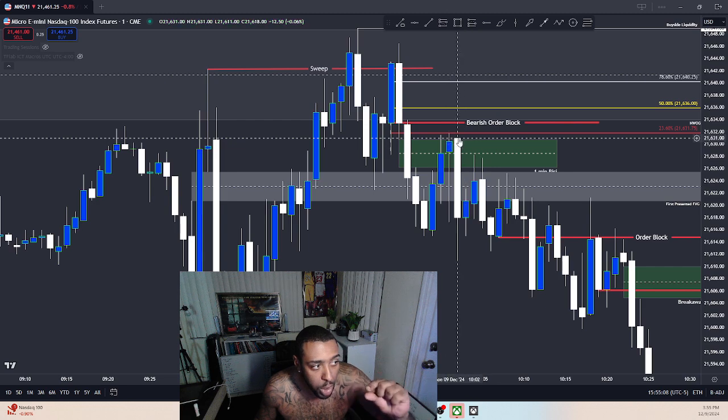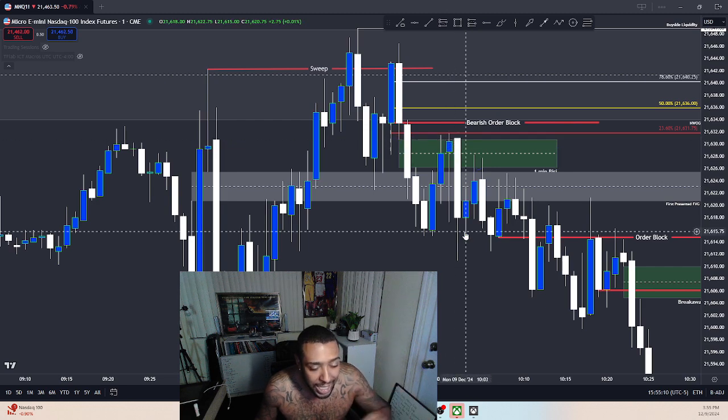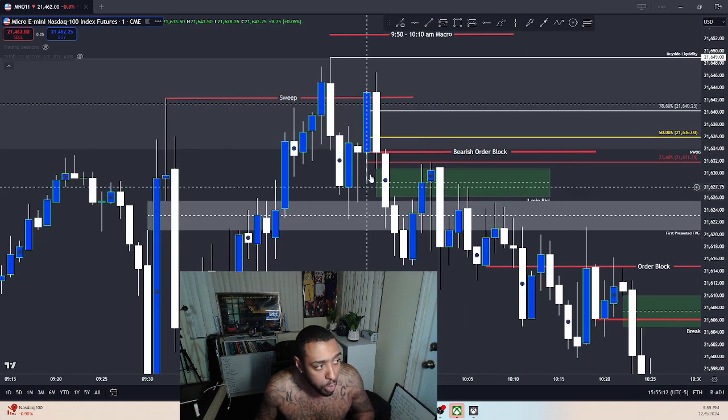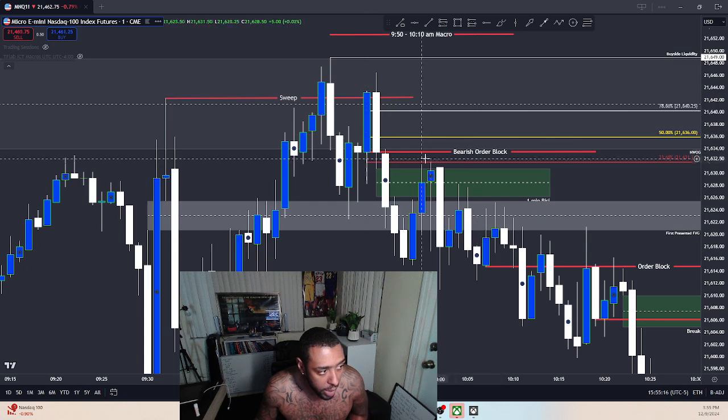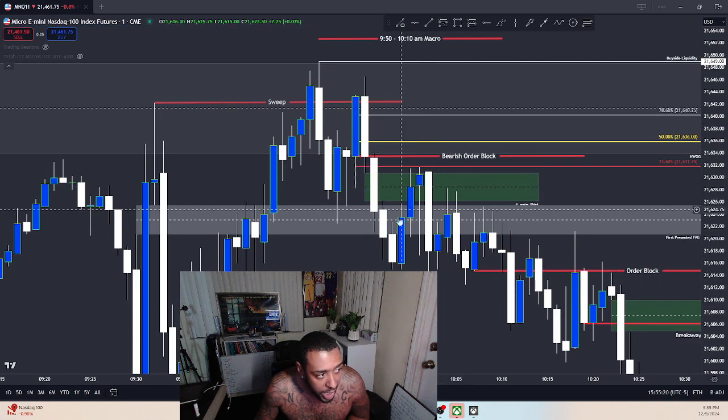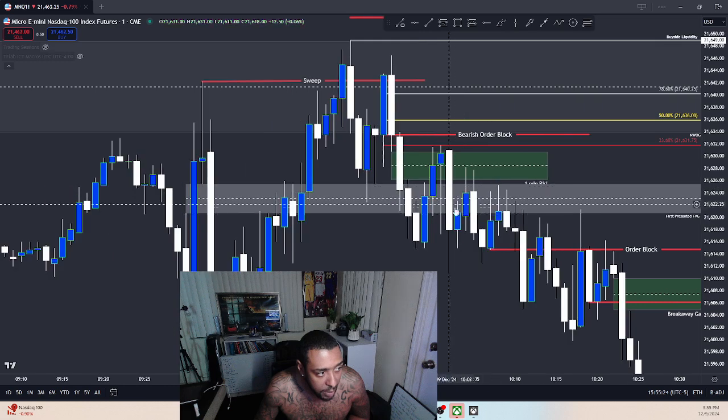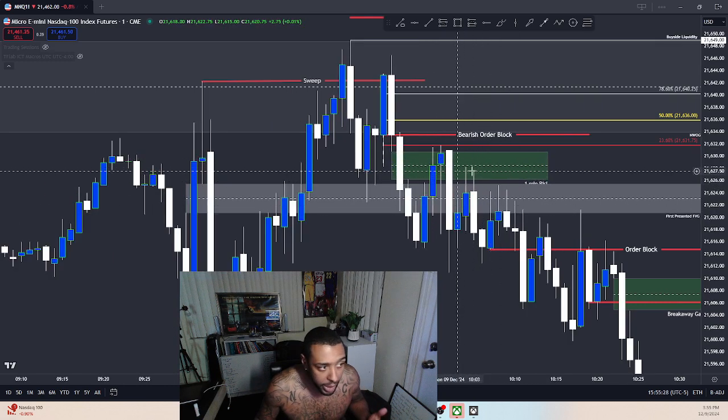There's only one close above it, and after that, nice displacement down, which is showing the respect of this bearish order block right here. Displacement lower, sweeping this low, creating another order block, came down, respecting the lower quadrant of this 1 minute SIBI, which is a sell side imbalance, buy side inefficiency, a bearish fair value gap.